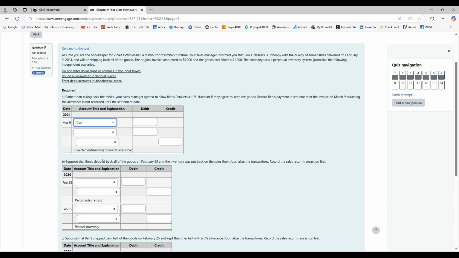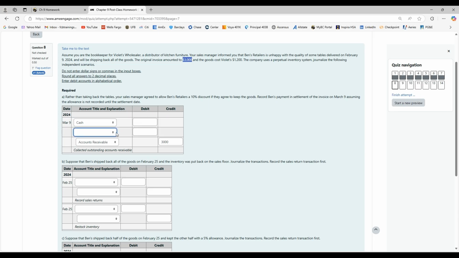So we're getting cash. Our receivables is going away. So we always want to have the full amount of the receivable going away when we're talking about discounts of any kind. So AR should be gone, and AR was 3,000.